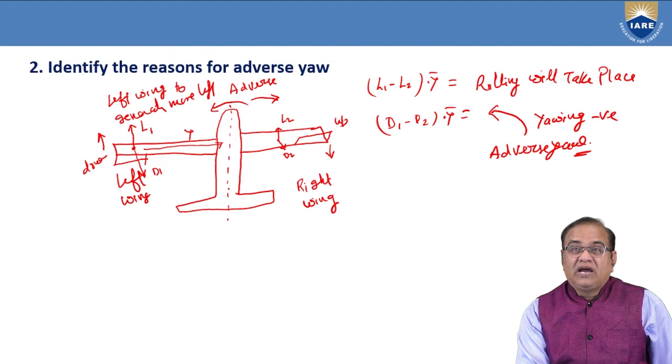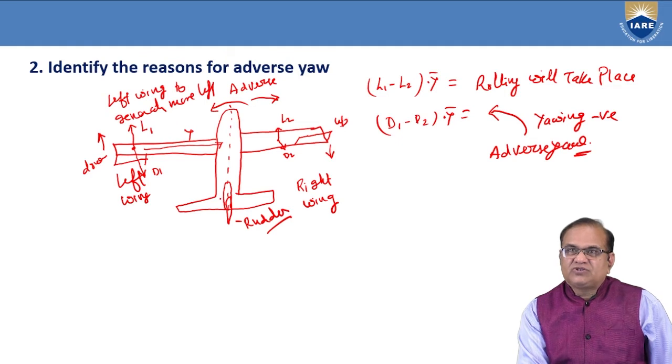So how to counter it? We have here one vertical stabilizer, and on it we have the rudder. This is called the rudder. Okay, so how to counter this? It is going to the left side, so we need a force which should act in this direction. So how to generate it?